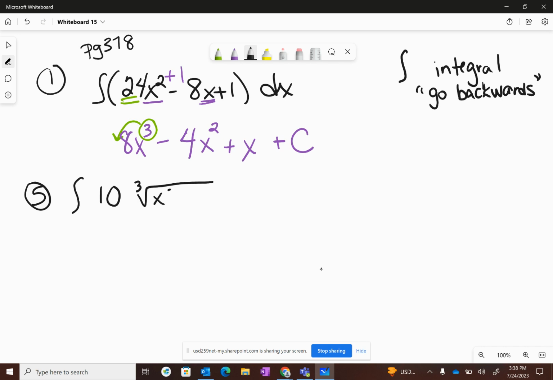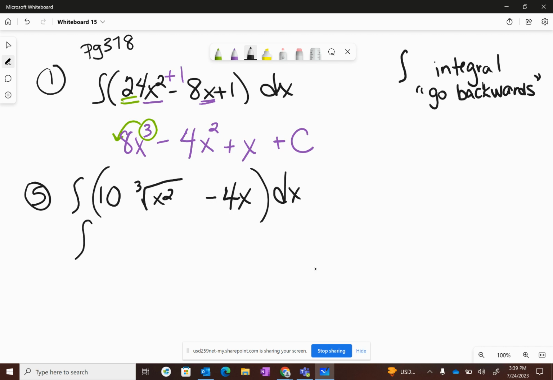And inside we have x squared minus 4x, dx. So it's important to get that correct.